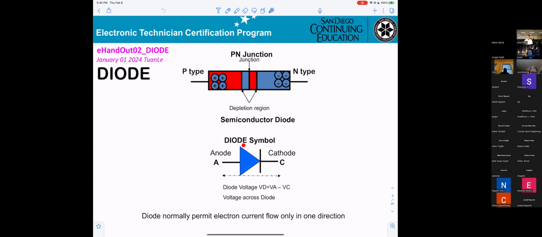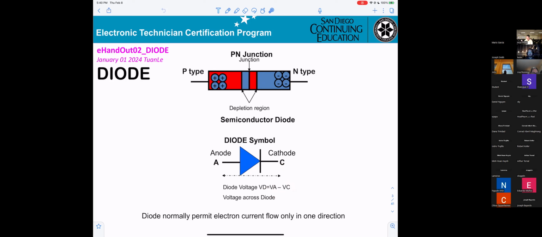When you see this symbol, you know this is a diode. It can be made of silicon or germanium. One side here is the anode and the other side is the cathode. And VD, the voltage of the diode, equals the voltage from A to C, which is VA minus VC.